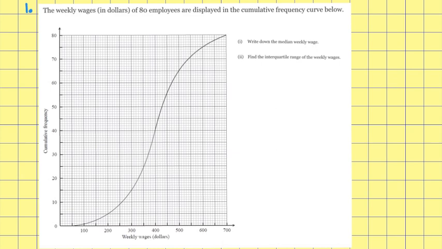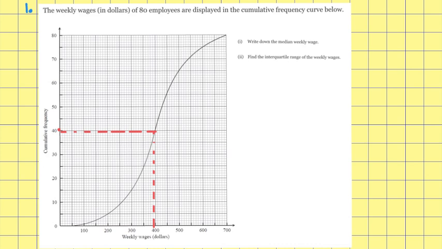So for the first bit, write down the median weekly wage. Well, the median weekly wage, seeing as there's 80 employees, we want to find the 40th employee. So we want this employee here. So we're going to draw a line from here along to the graph and then down to the weekly wage.